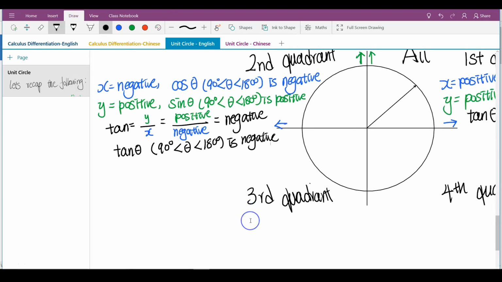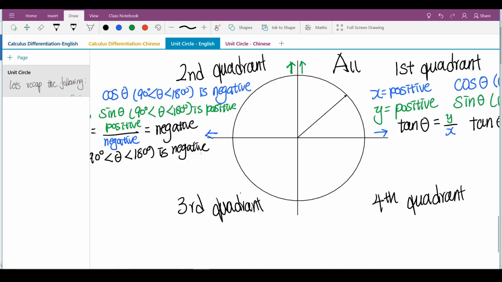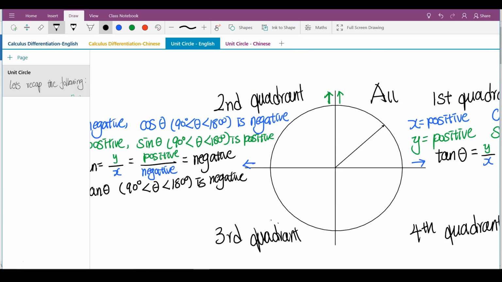Since sine theta is only positive here, we specially name this quadrant S for sine. So this second quadrant is called the S quadrant. Just write a big S there. S quadrant for sine.